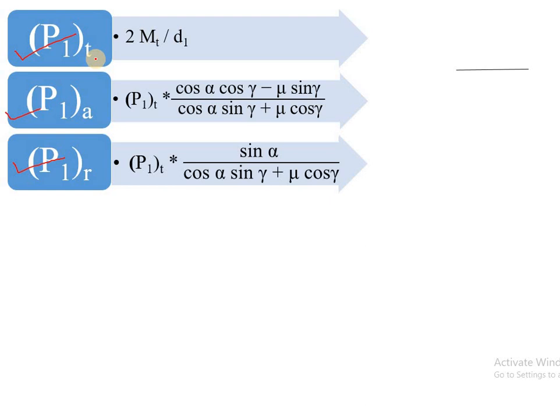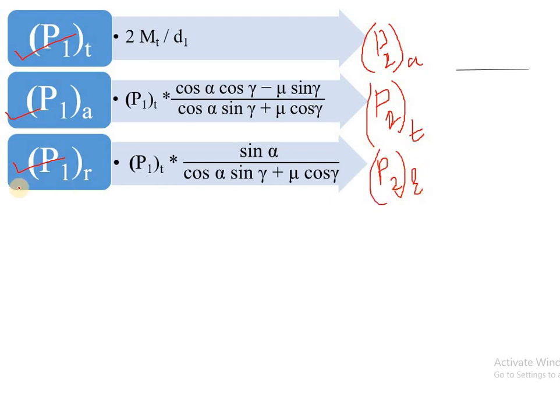But we know that the tangential component of worm is equal to the axial component of worm wheel, so the axial component there should be 2, not 1. The axial component of worm is equal to the tangential component of worm wheel, whereas the radial component of worm is equal to the radial component of worm wheel. So no need to calculate twice. First calculate these three and then simply write the others equal to these values.